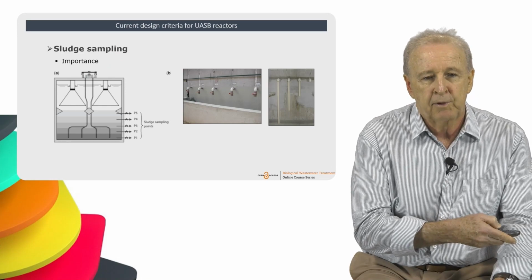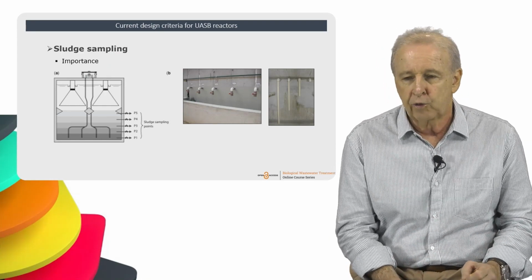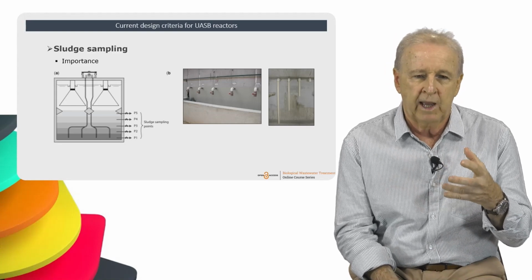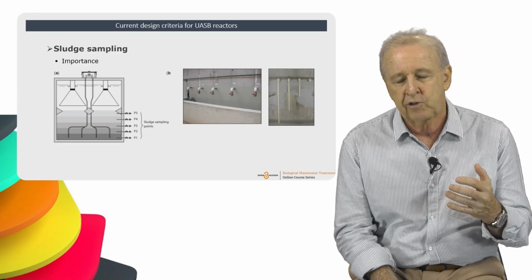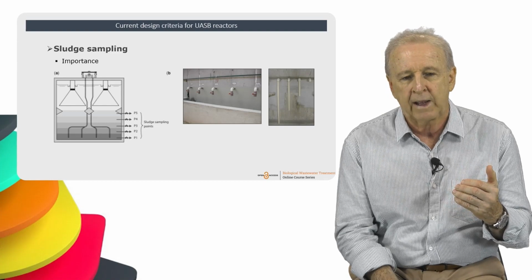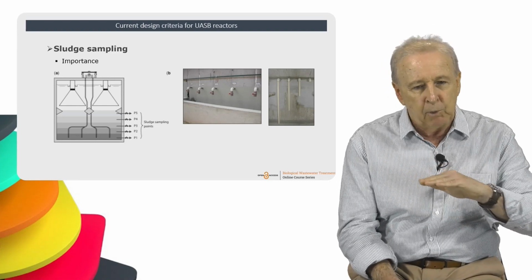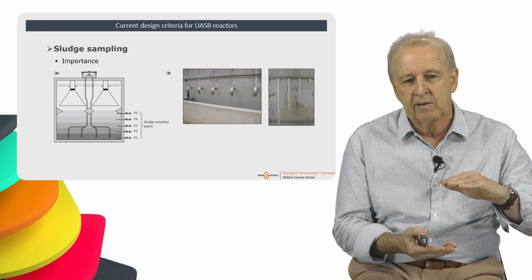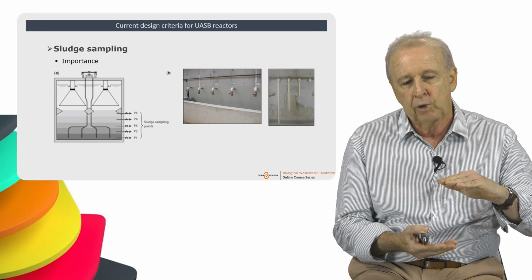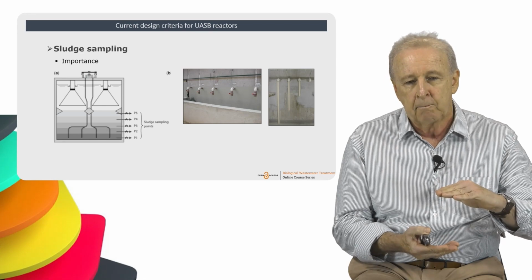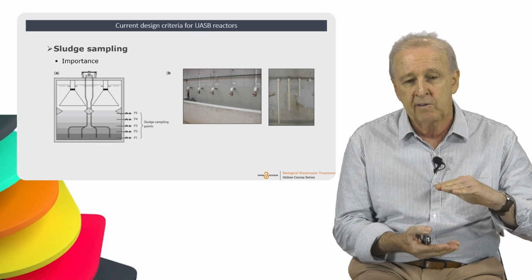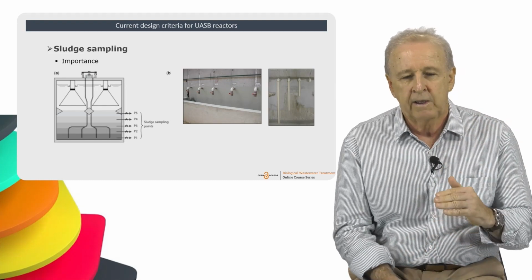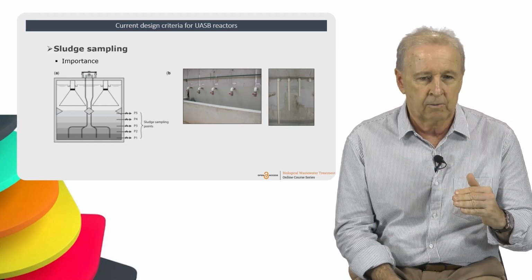As I said before, we should know the amount of sludge that we have inside the reactor to see if it is in the correct range, with a minimal amount capable of treating the organic loading rate that is arriving. So we should keep a minimum amount, but we should avoid an amount that goes beyond the storage capacity of the reactor.